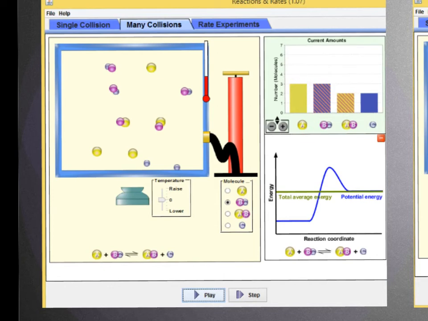I initially added 5 A's and 5 BC compounds in this single displacement reaction. We've got A plus BC yields AB plus C, but then it's reversible. So initially I started out with 5 A's and 5 BC's, 5 of each.